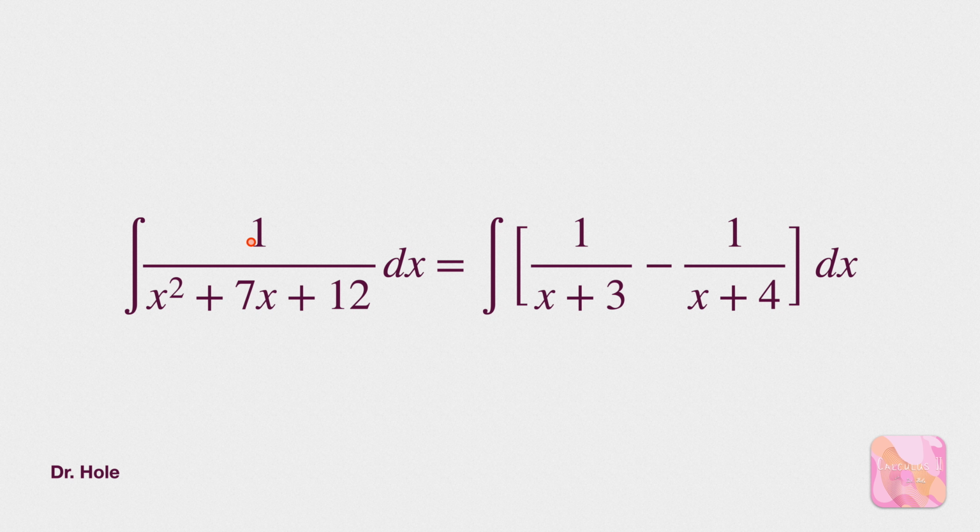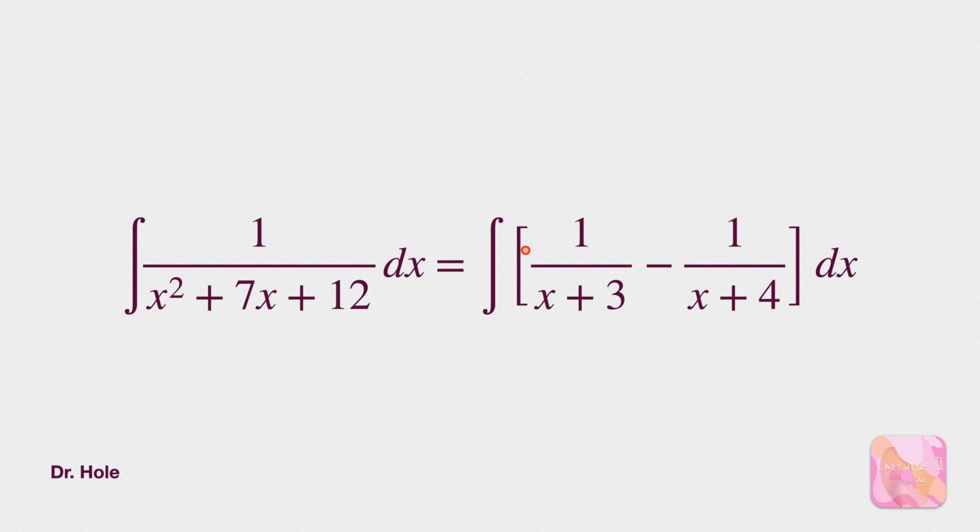We have the rational function as integrand, which we can break up in its partial fraction decomposition. And then we have integrands, which are elementary integrals after a u substitution.